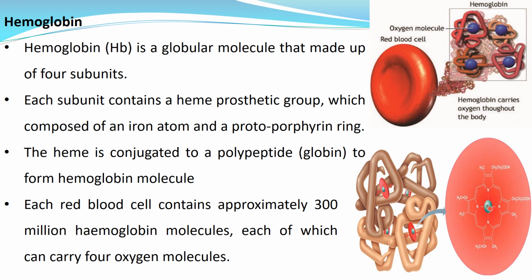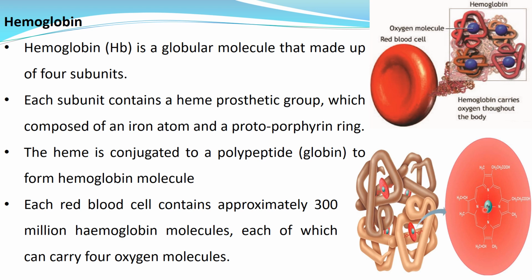This is the protoporphyrin ring, and we have an iron atom within the center of it. Okay, so this is the structure of what? Of a heme, which is the functional unit of the red blood cells. So heme is made of what? Of an iron atom and a protoporphyrin ring.